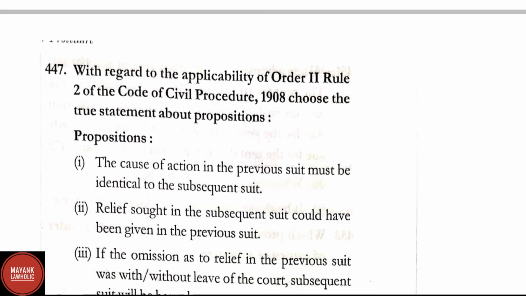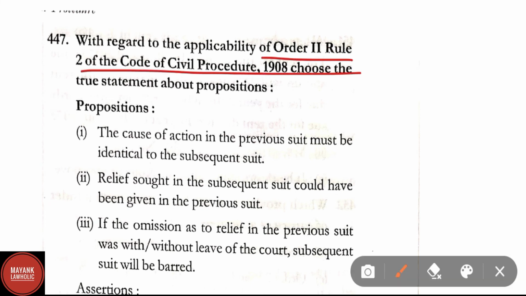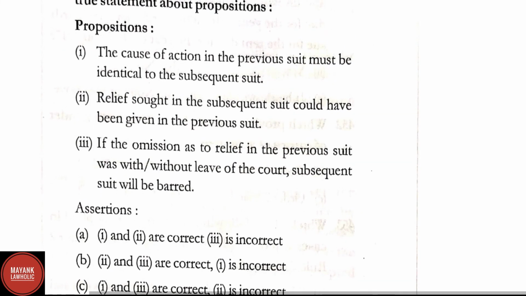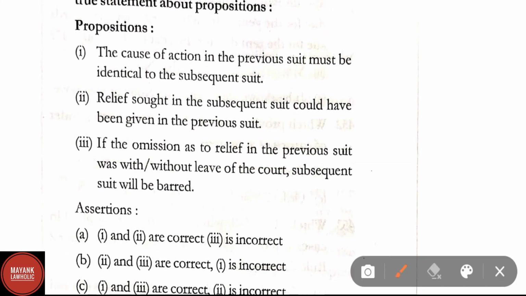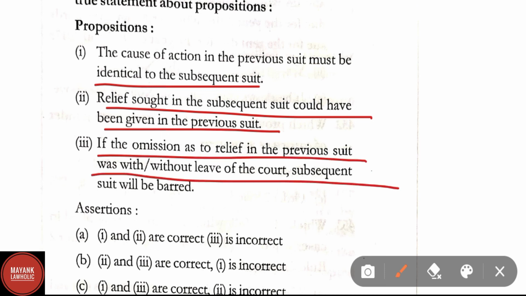Question number 447. With regard to applicability of Order 2 Rule 2 of the CPC, choose the true statement about the propositions. The cause of action in the previous suit must be identical to the subsequent suit. Relief sought in the subsequent suit could have been given in the previous suit. If the omission as to the relief in the previous suit was with or without leave of the court, the subsequent suit will be barred.